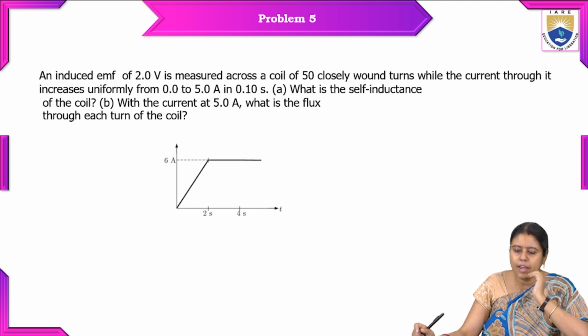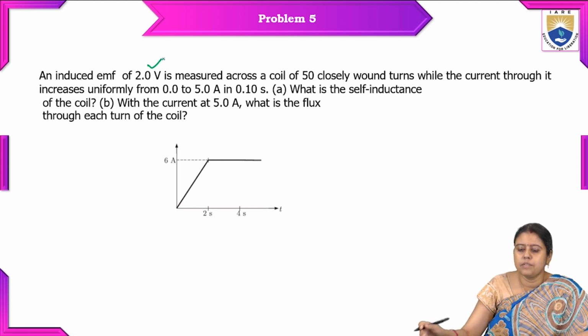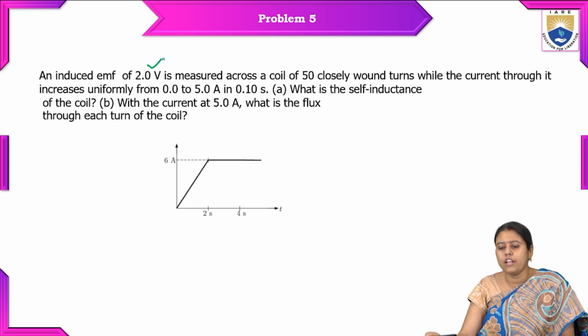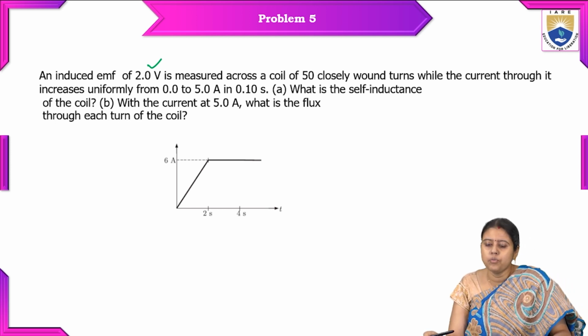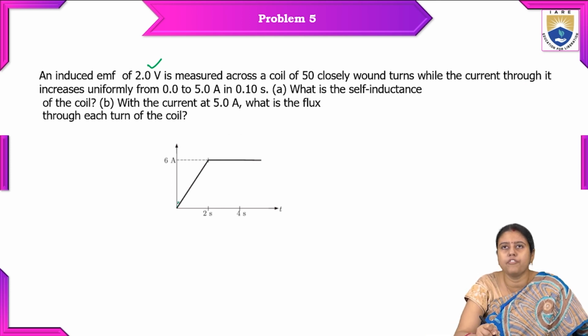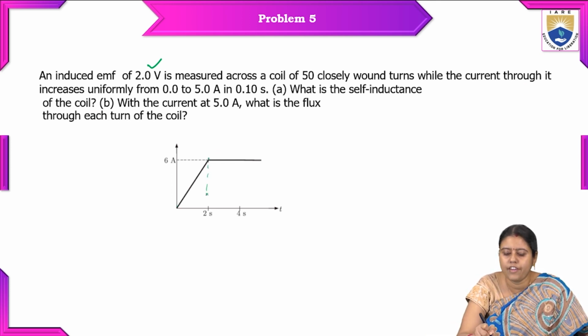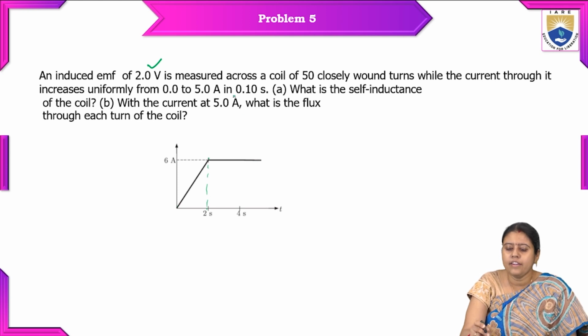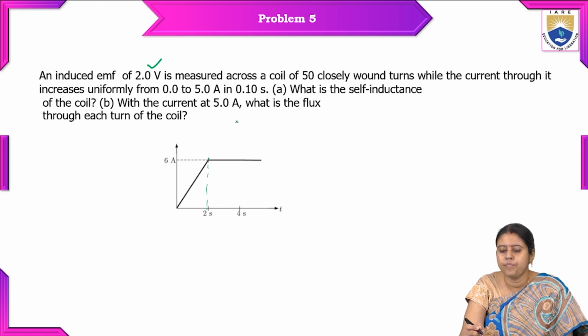An induced EMF of 2 volt is measured across the coil of 50 closely wound turns, while the current through it increases uniformly from 0 to 5 in 0.1 sec. What is the self inductance of the coil?